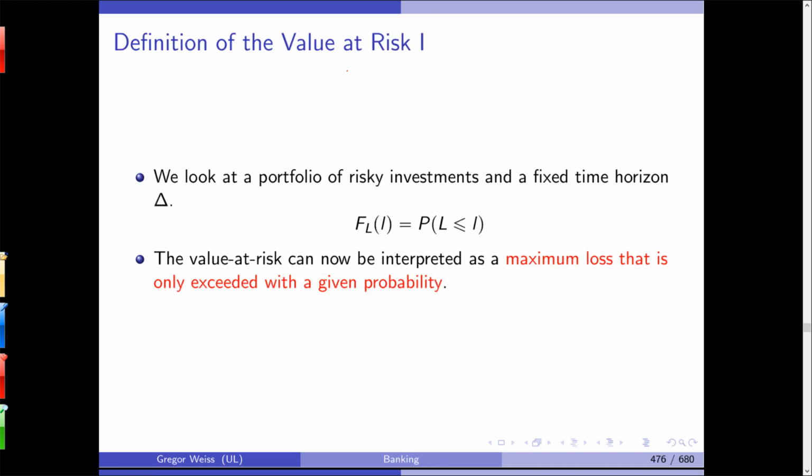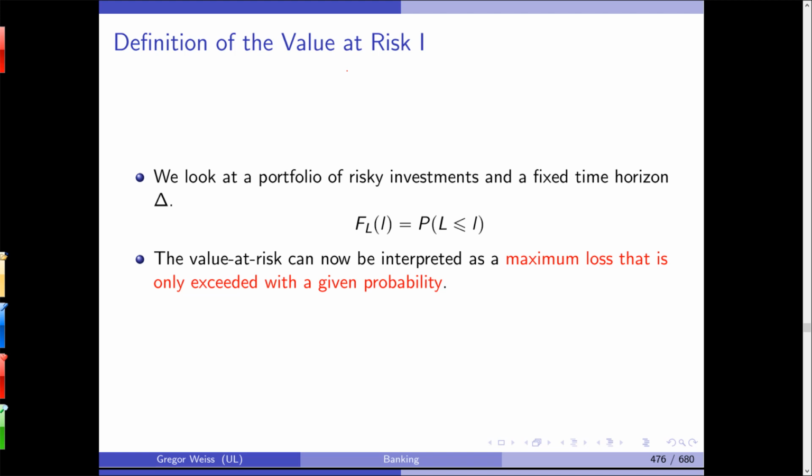So what is value at risk? We'll look at a portfolio of risky investments, or just at one investment, doesn't matter. And F_L is the loss distribution. It's just the cumulative distribution function of L being a random variable. So the probability that the losses are smaller or equal than small l.